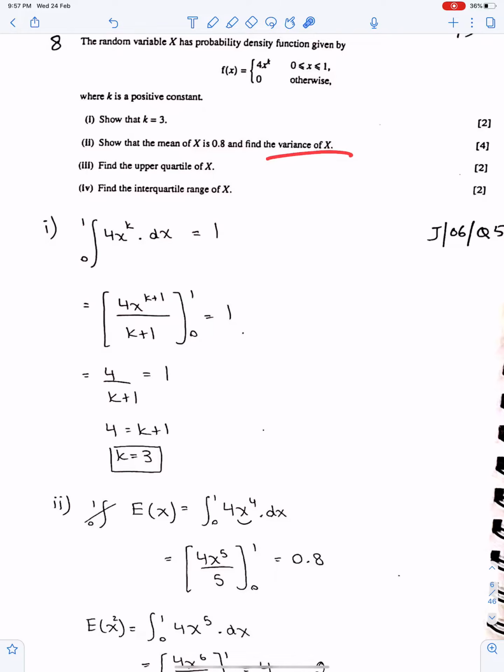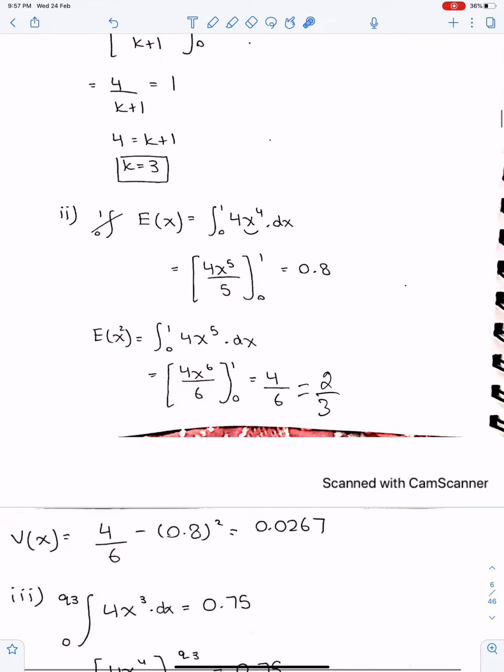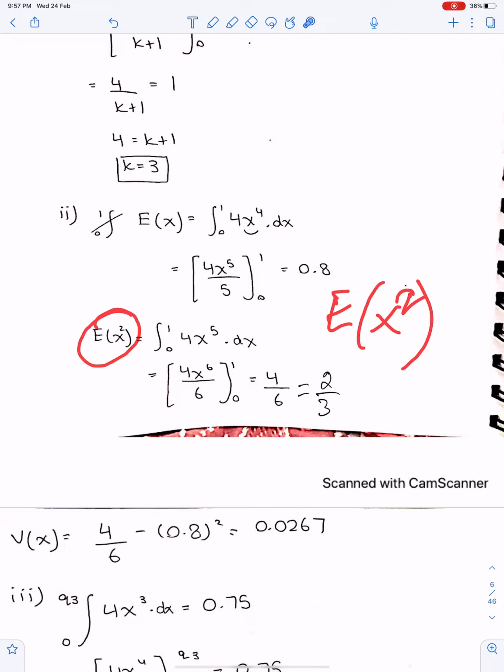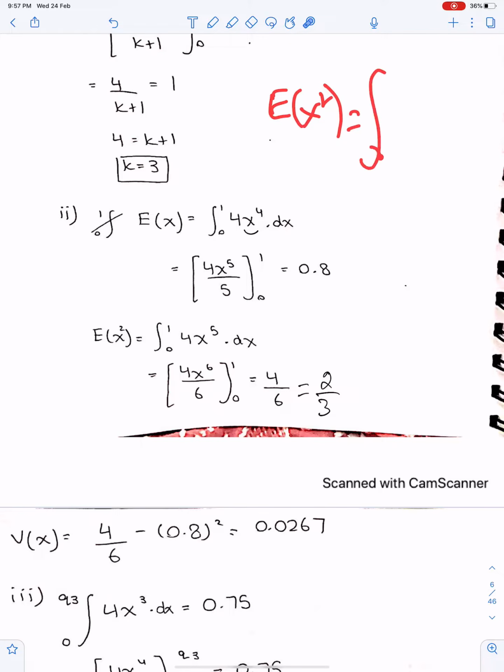And find the variance. You know, for variance, you must have E of x squared. First get E of x squared. This is the requirement for variance. So for x squared, you should use this formula. This is the formula of E of x squared, the integral over all x of x squared f of x dx.